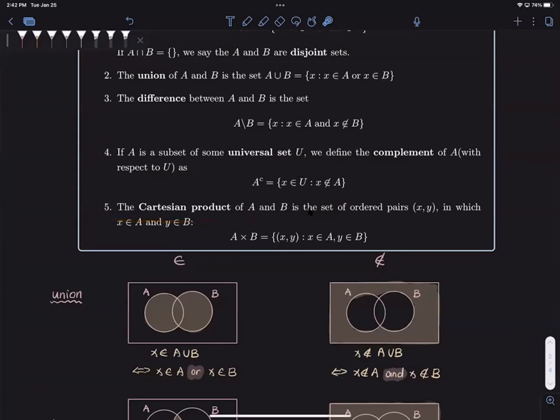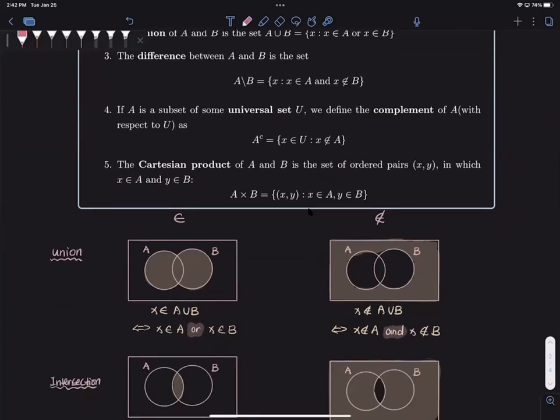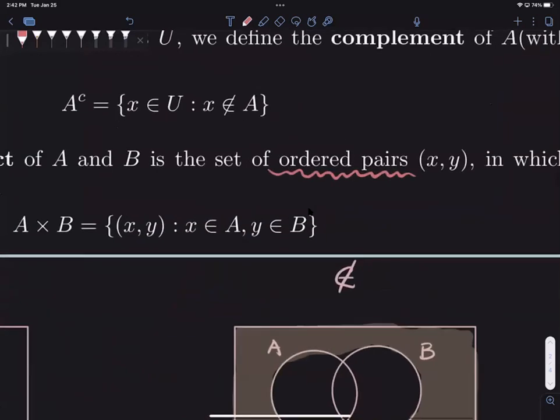Cartesian product is an interesting one because your professor really likes to test you on this. So let's put a star next to it. Cartesian product is a set of ordered pairs. Ordered means order is important, which means xy and yx are not the same.